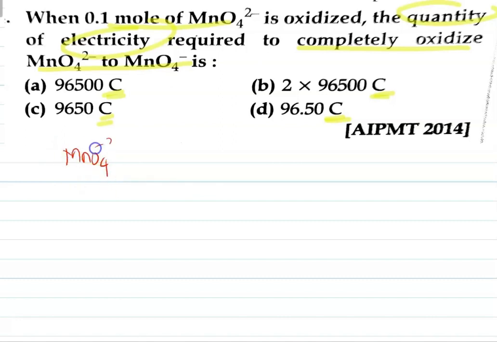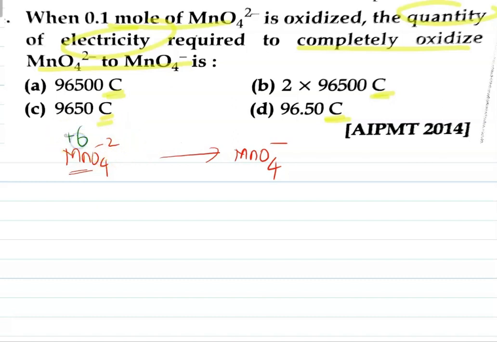MnO4 2- is converted to MnO4-. How many electrons are being transferred? That is important for us. If you calculate the oxidation state of manganese in MnO4 2-, oxygen is minus 2 into 4, minus 8, and the overall charge is minus 2, so it will be 6.